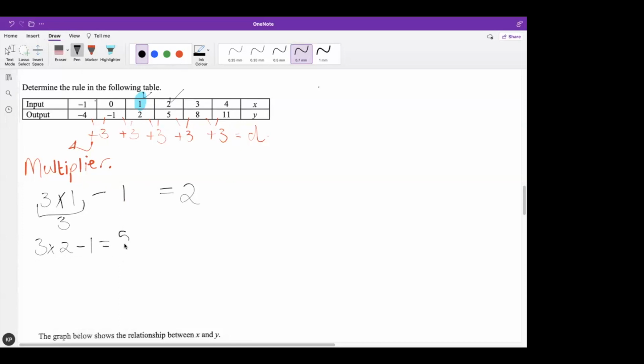Is 5 the output that I'm looking for? Look at the table. Is 5 the output that we're looking for? Yes. So is our method correct, guys? Our formula is correct. So to get to your answer, you're going to say 3 times your input minus 1, and that will give you your output.